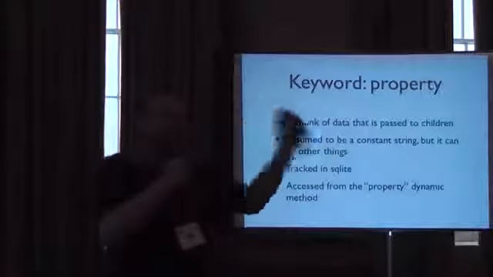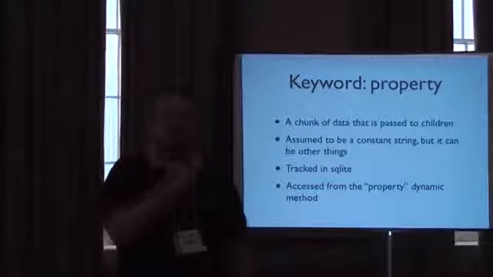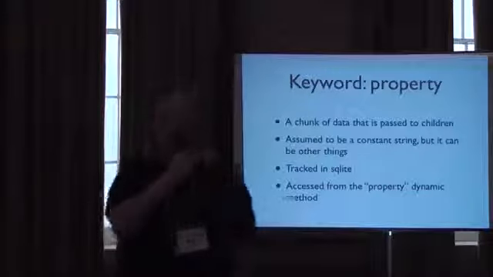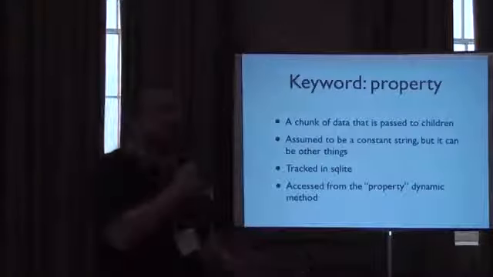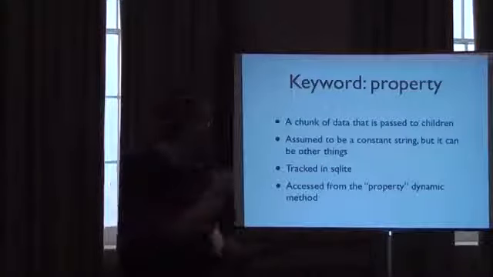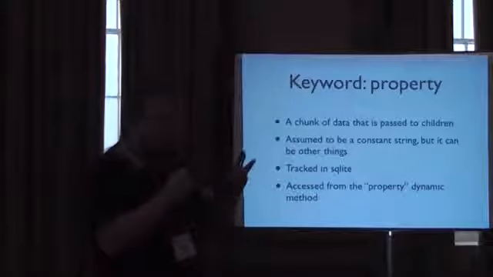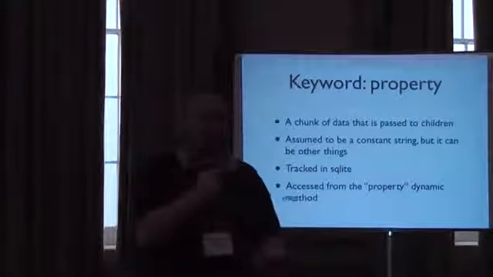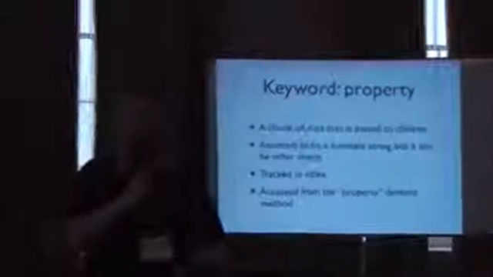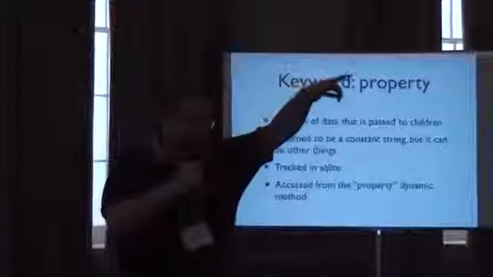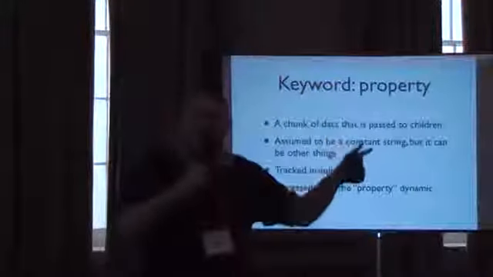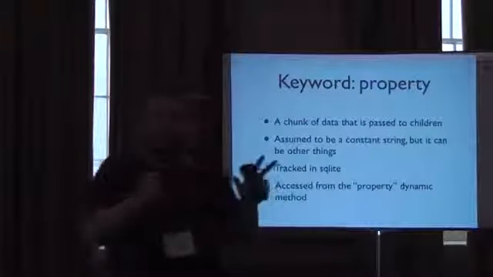So, I think everybody's a bit tired of me talking about properties, but here we go again. Why are properties so important? Well, to me, I think of them as chunks of data that get passed along with the class. And they're normally constant strings, but they can be other things.